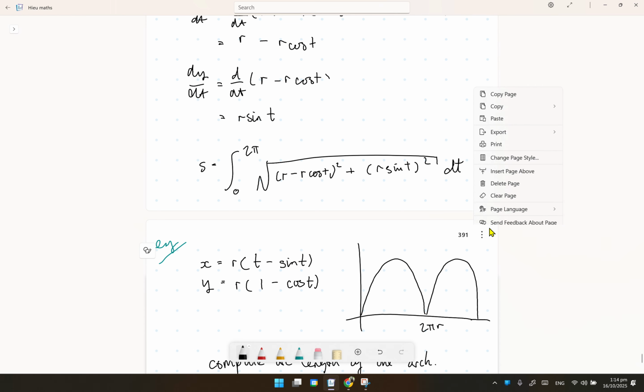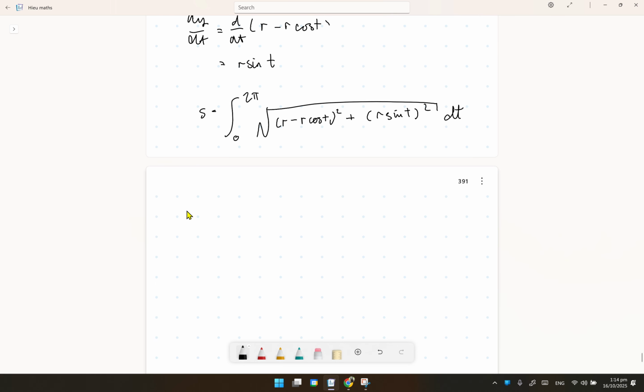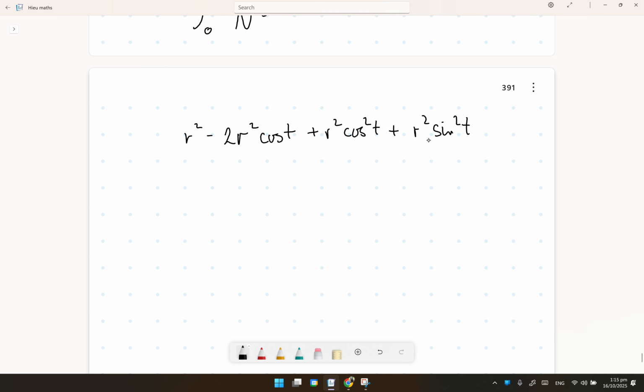Okay, I just want to check really quick to see if that's correct. So now let's expand the brackets inside. (r minus r cos t) squared is going to be r squared minus 2r squared cos t plus r squared cos squared t, plus the right side is r squared sin squared t. Already I see a cos squared t and sin squared t.